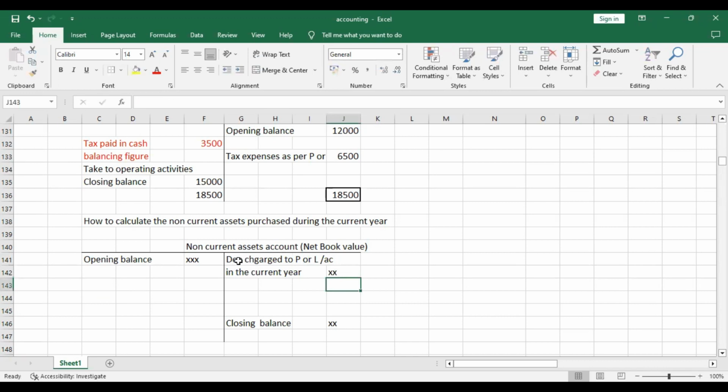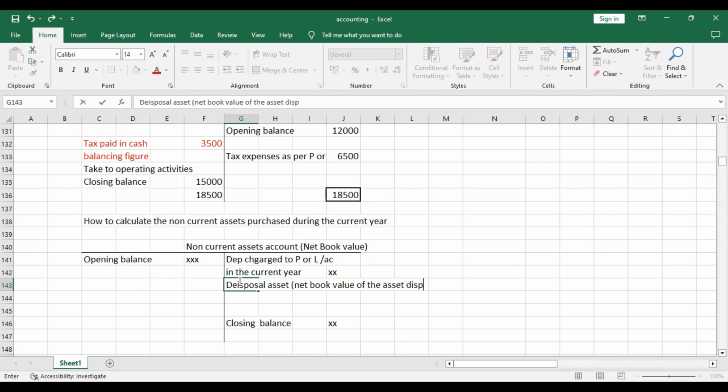Then what else are you going to credit? Any non-current asset disposed in the current year. Disposal of asset: always you have to take the net book value of the asset disposed. This I will write below.